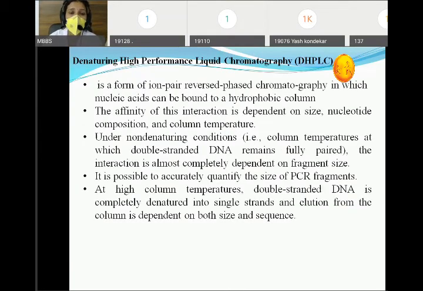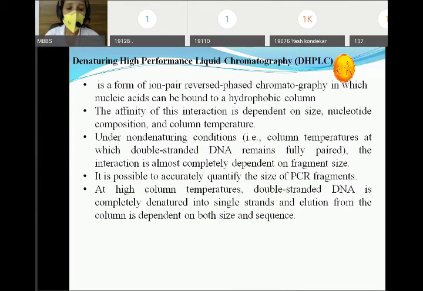This is denaturing HPLC, a form of ion pair reverse phase chromatography, in which nucleic acid can be bound to a hydrophobic column. The affinity of this interaction is dependent on the size, nucleotide composition, and the column temperature. Under non-denaturing conditions, the interaction is almost completely dependent on fragment size.